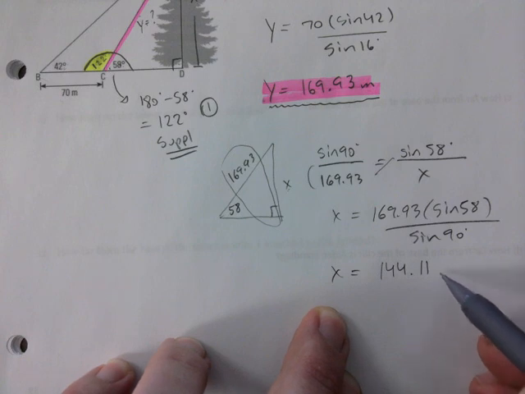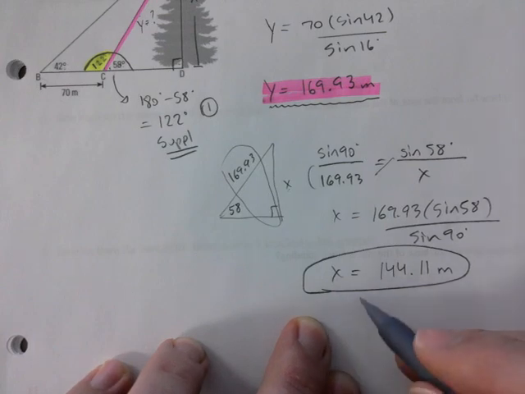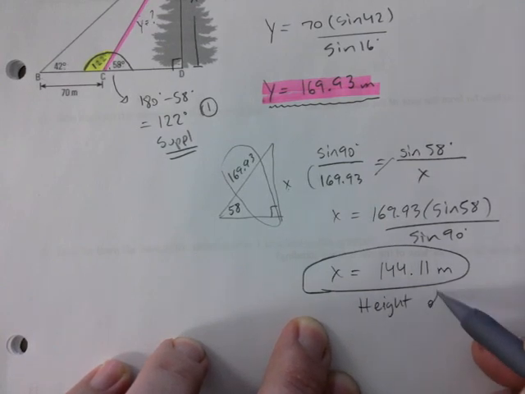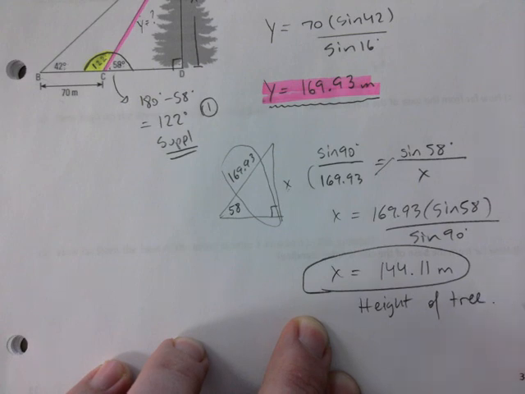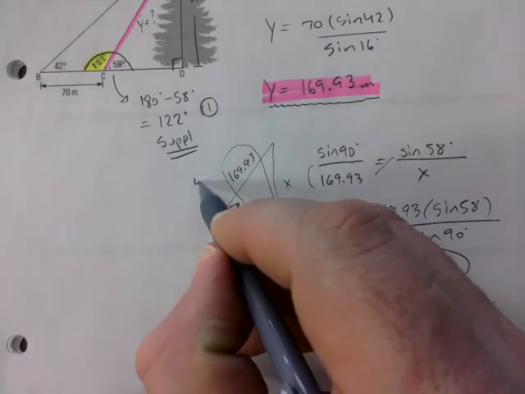And we are in meters. This is the ultimate height of the tree. This is the fourth step. Maybe I'll put a little 4 here.